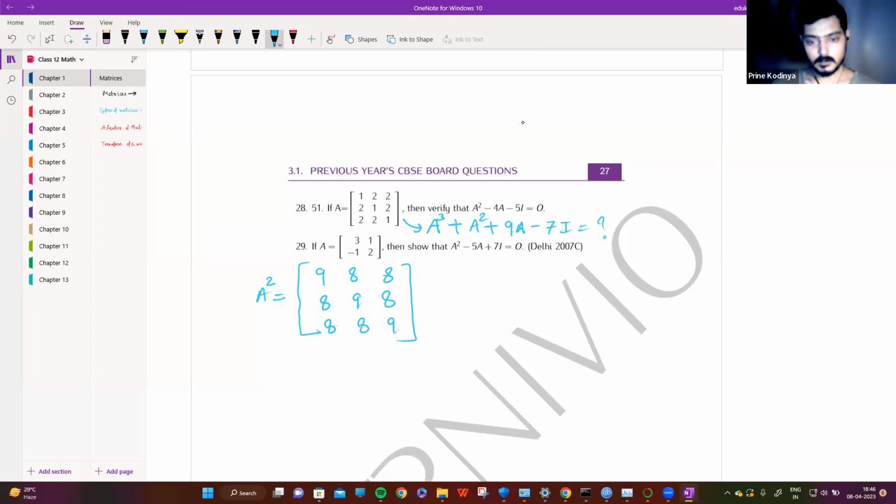Then A cube would be A square into A. So there will be [1, 2, 2; 2, 1, 2; 2, 2, 1]. Have to multiply these two. First row with first column.